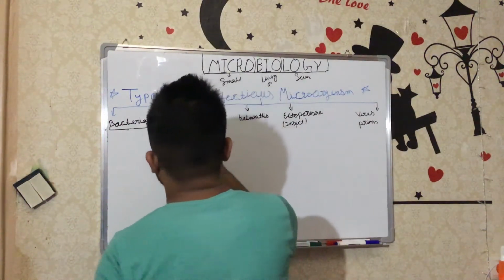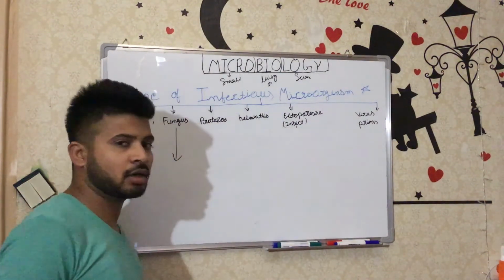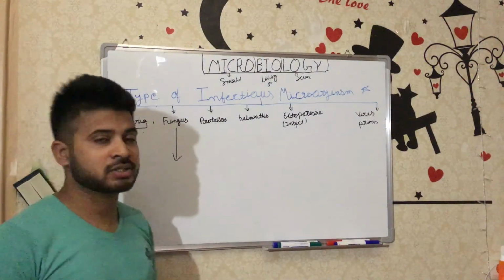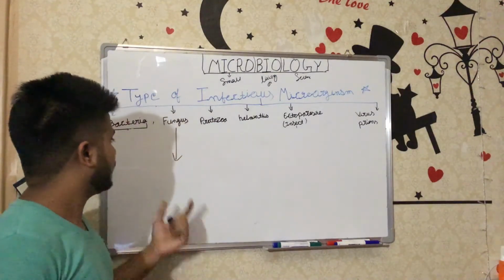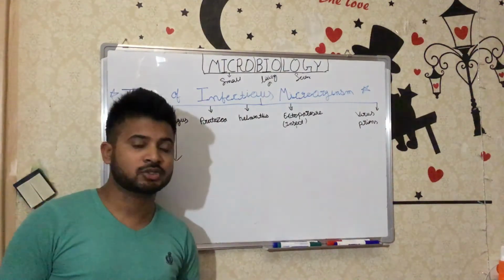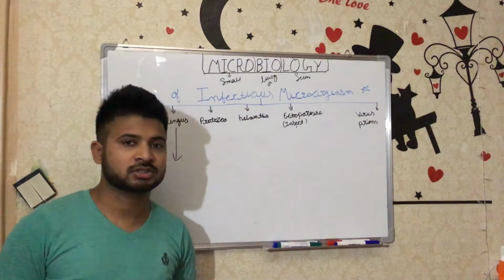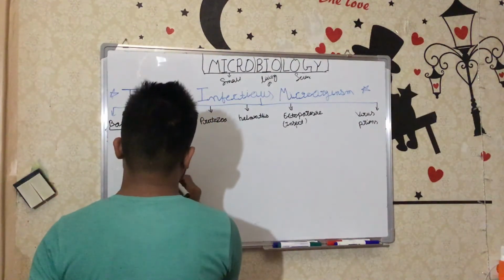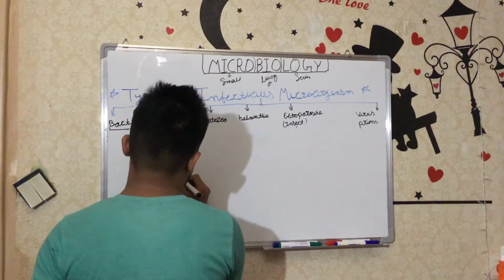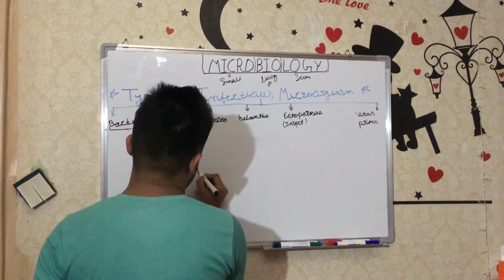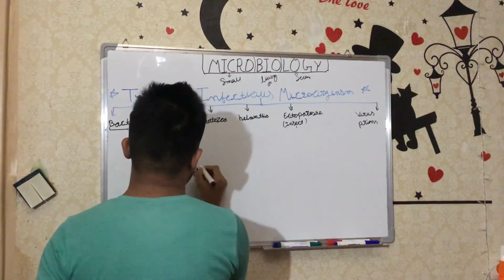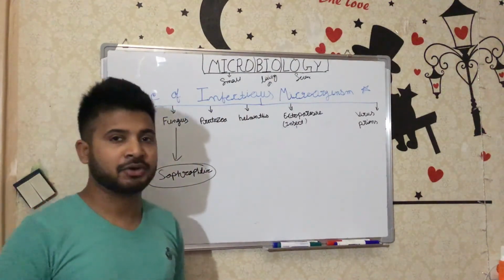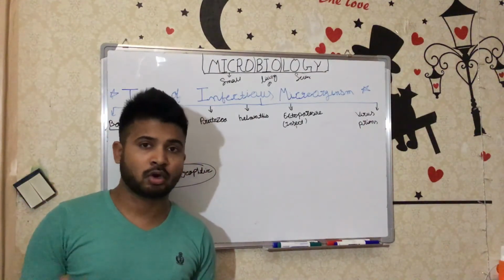About the fungus. Actually, fungus is a non-photosynthetic microorganism, and it's acellular, meaning not multicellular, just a single cell. It is made by just a single cell, and this is a saprophytic microorganism. Saprophytic means it obtains nutrients from dead cells and decomposing organisms.